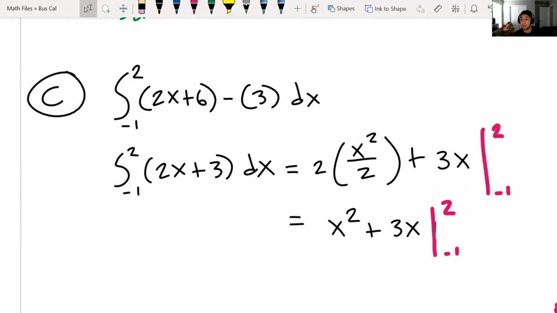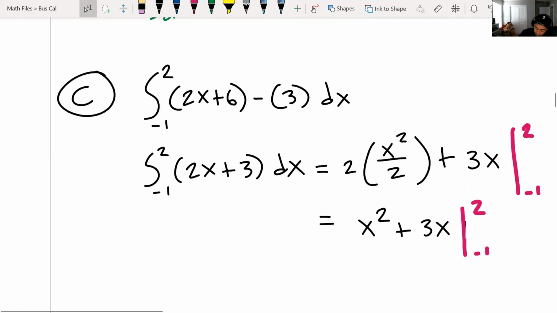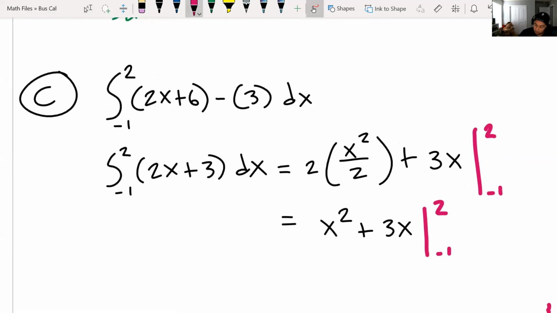Okay, let me type that in the calculator. Let's see what we get. X squared plus 3x. Type in 2, I get 10 minus, if I type in -1, I get -2.